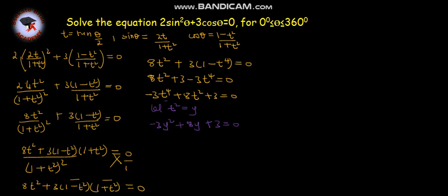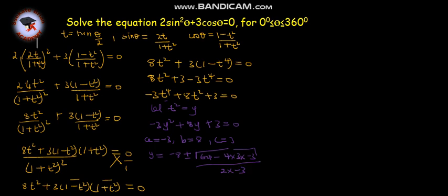So that is a quadratic equation in terms of y, and a is negative 3, b is 8, c is 3. So we shall find y by saying negative 8 plus or minus root of 64 minus 4 times 3 times negative 3, over 2 times negative 3.